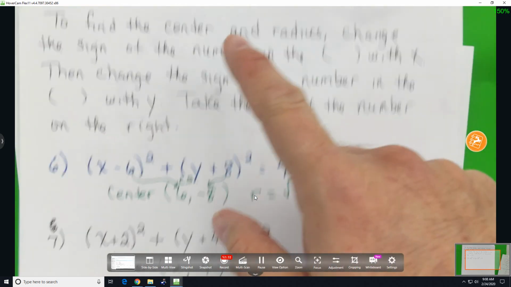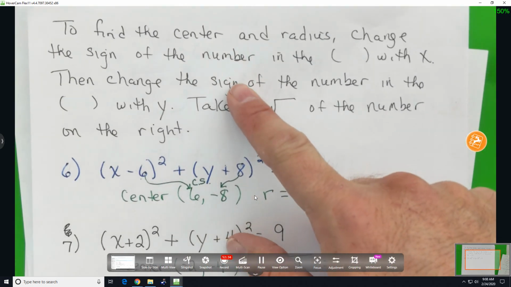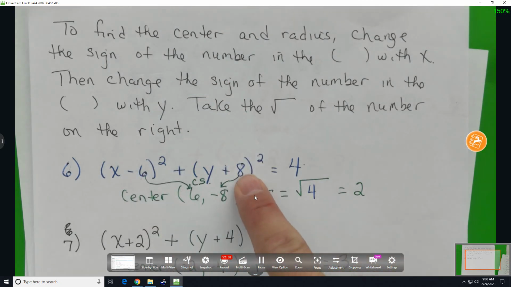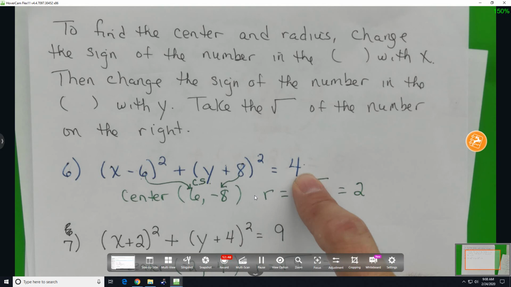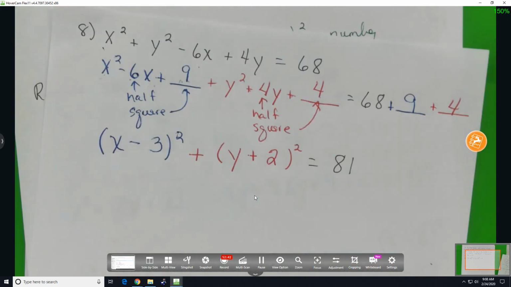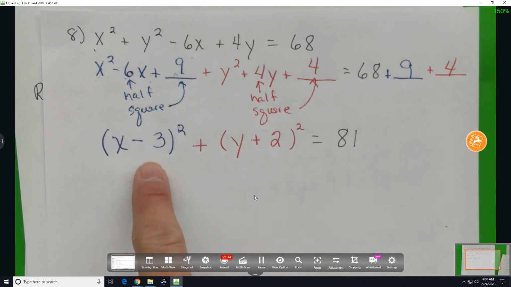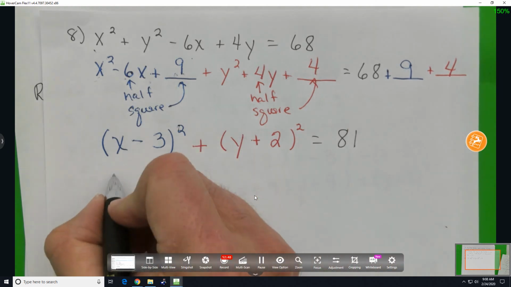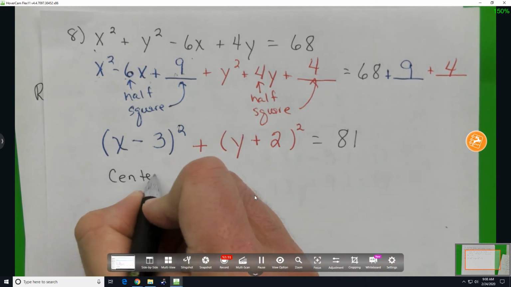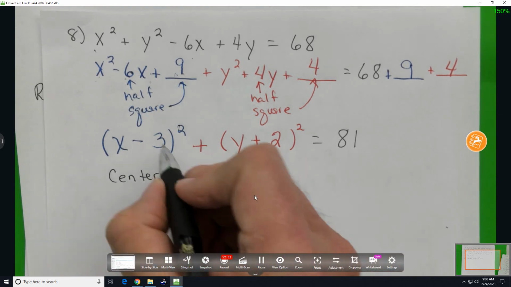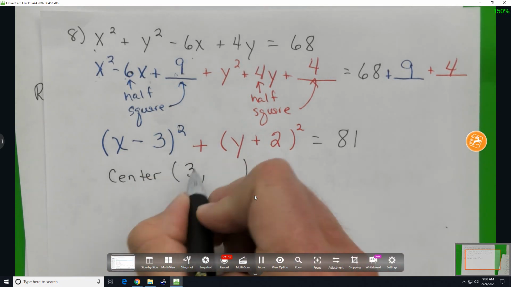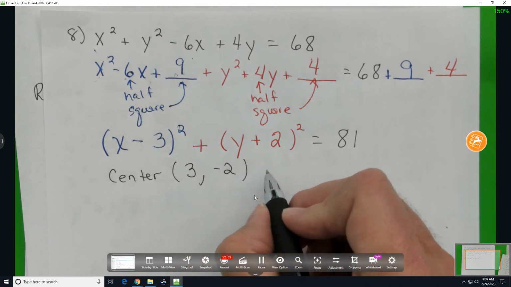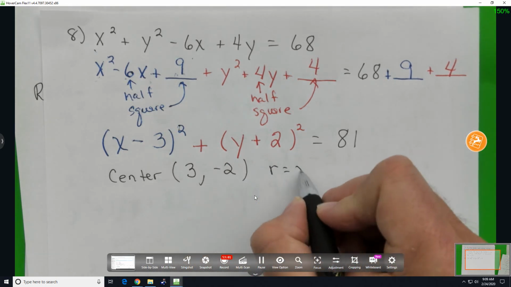Now, it's been a while since we were doing those problems, at least it seems like it, but we can now do what we were doing right here. Change the sign of the number in the parentheses with x, change the sign of the number in the parentheses with y, square root of the last number. That'll get us the center and radius. Change the sign, square root. So the center is positive 3, negative 2, and what's the radius?